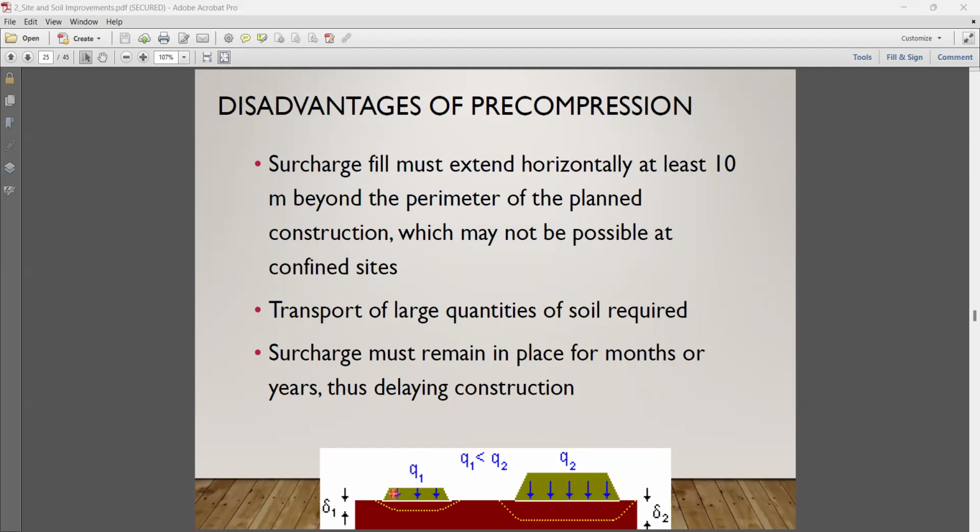Imagine your project has a total construction period of 3 years, and if you have to do pre-compression and leave it for 1 year, you lose about a third of the time allocated for the project. So if the project is time sensitive and you have to finish quickly, then we can't use this method.